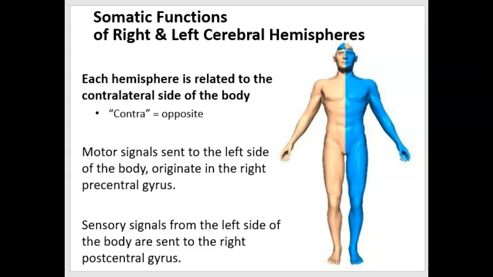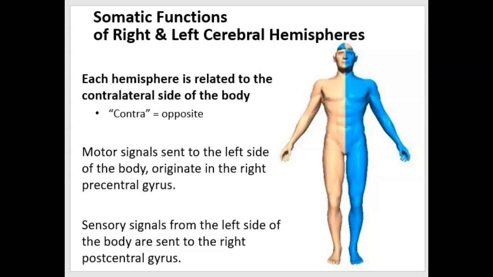You might already be aware of this, but the movement of the right side of your body is controlled by the left side of your brain, and vice versa. This is also true for sensory signals. One side of your body sends signals to the opposite side of the brain, like pain in your left foot would travel to the right postcentral gyrus of the left temporal lobe.